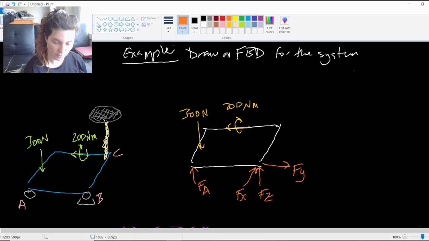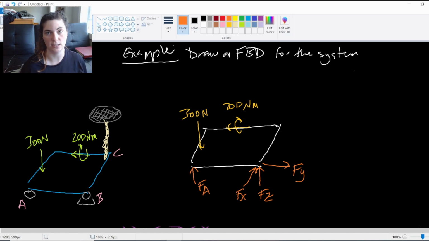And then finally, my last connection is at point C. But be very careful here, because you might be tempted to say, okay, I see that this rod is connected to the ceiling, so it's a fixed connection. But actually the body that we're interested in is the plate, right? And this is just a single rope that's connected to the ceiling.